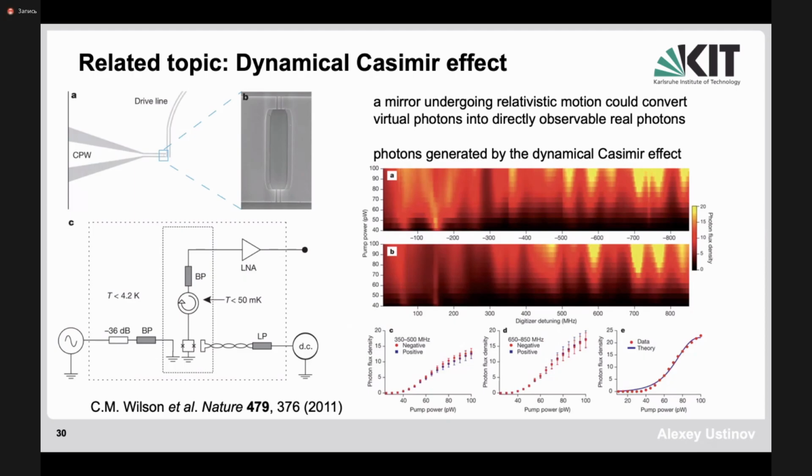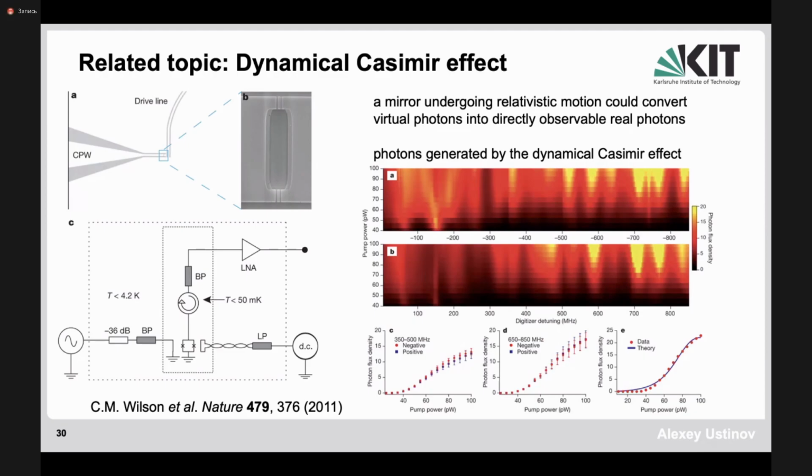The Casimir effect is the effect of generating photons from vacuum by moving a mirror. So if you have a mirror which can perform a relativistic motion, which means motion with a speed comparable to the speed of light, then it can generate virtual photons.